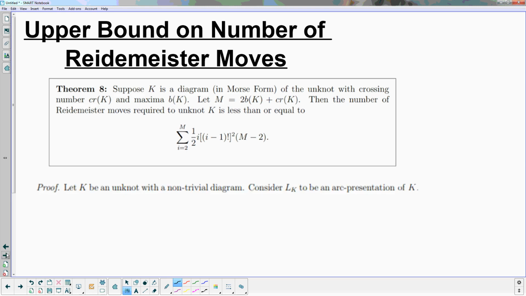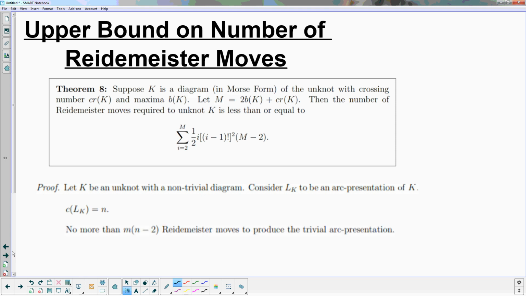So just to highlight the proof of this, if we let K be an unknot with a non-trivial diagram, and we consider L_K to be an arc representation of that knot K, then we say that the complexity of that is n, for some n. It has to be, again, greater than 2.